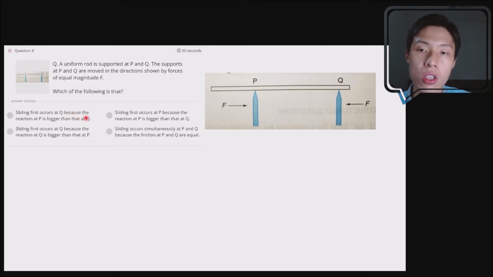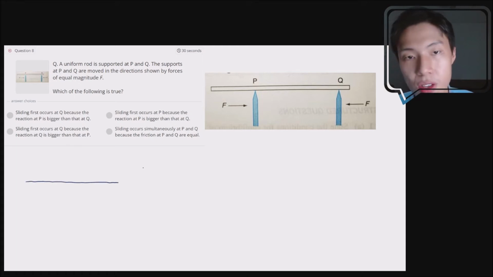Okay, so let's try to draw a free body diagram as usual. We have a straight line here to represent this uniform rod. If we ask ourselves the 5 questions, we will know that there will be a weight coming out from the center because this is a uniform rod. Next, you know that there will be normal force at these 2 points over here.